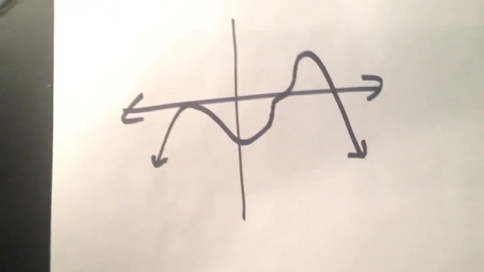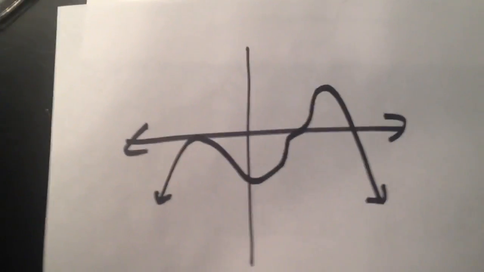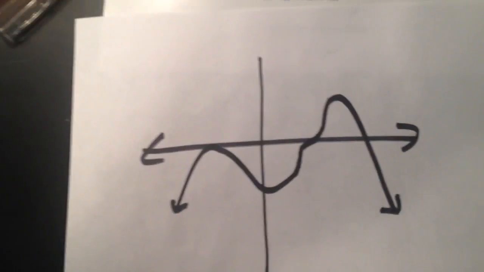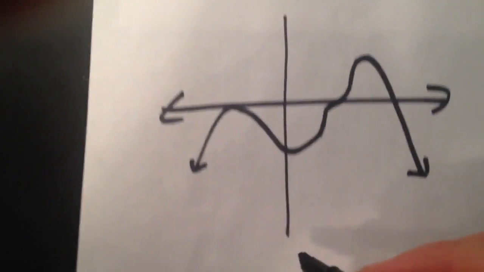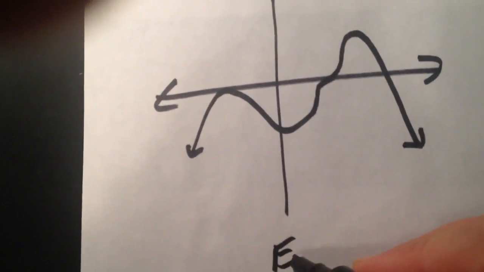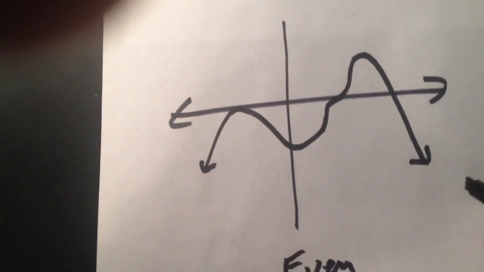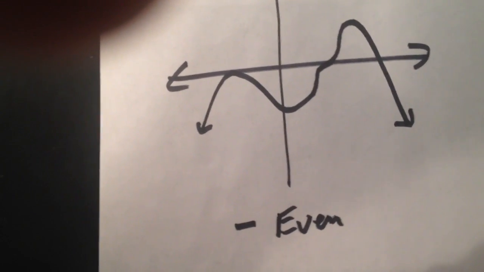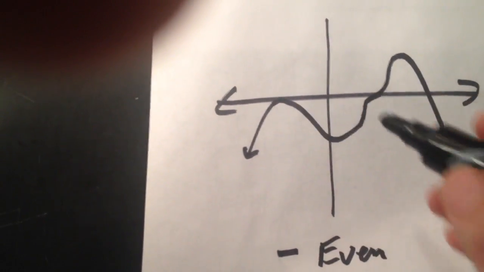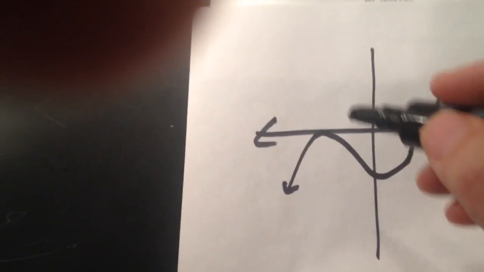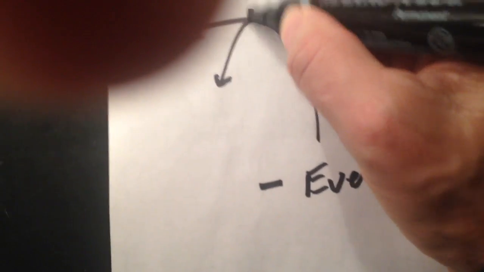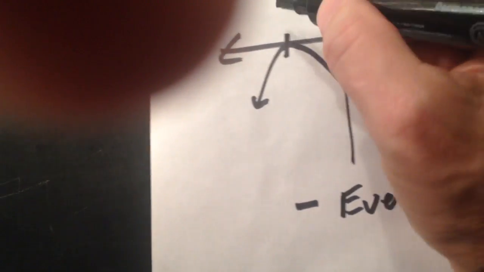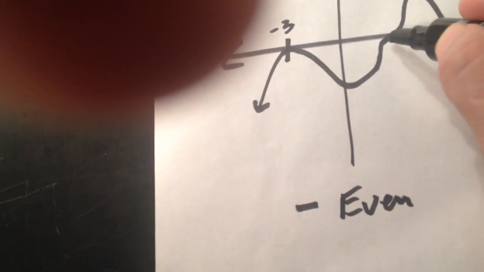Okay, one last thing before we go. I have this picture here. First of all, is this an even or an odd function? You should recognize that it is an even function because both ends end down. Actually, we probably know there's a negative out front because both of them end down. Assuming I can identify what these roots are, I'm going to make up what these numbers are: I'm just going to guess a 3, and that's going to be a 2, and we'll say that's 4.